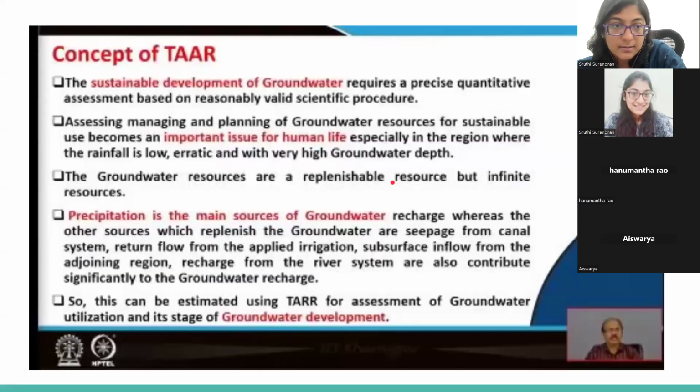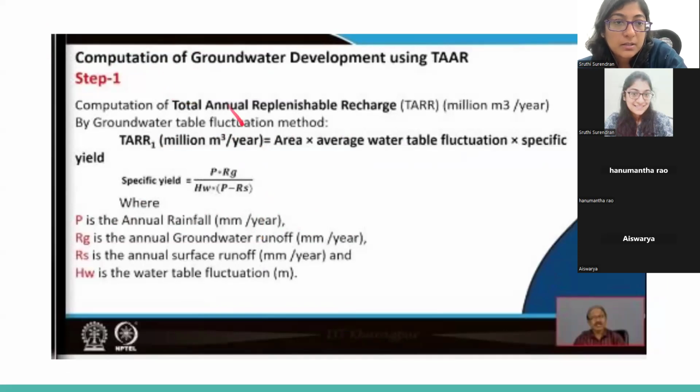Let's see. There is the concept of TARR for the sustainable development of groundwater, and there are various steps to this. First, the total annual replenishable recharge, which is estimated in million cubic meters per year. Step one is to calculate TARR using this formula: area into average water table fluctuation into specific yield, and specific yield can be obtained using this formula.